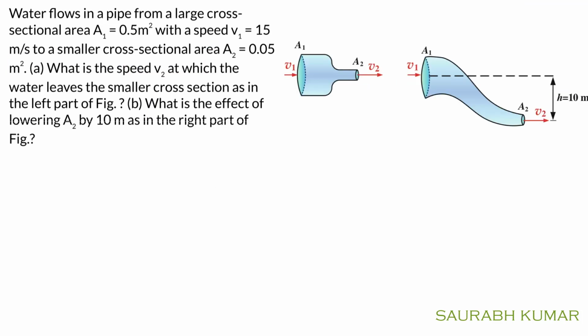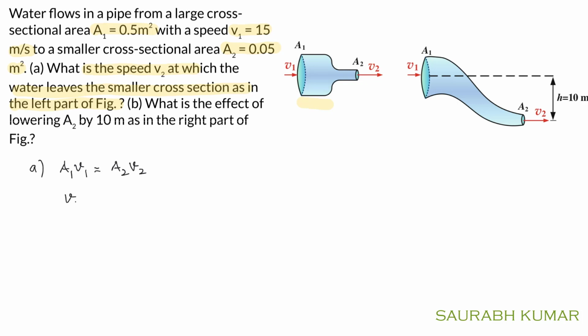Next question. Water flows in a pipe from a large cross-sectional area A1 with a speed V1 to a smaller cross-sectional area A2. What is the speed V2 at which water leaves the smaller cross-section, as in the left part of the figure? So in this part, let us use the equation of continuity. A1 V1 is equal to A2 V2.